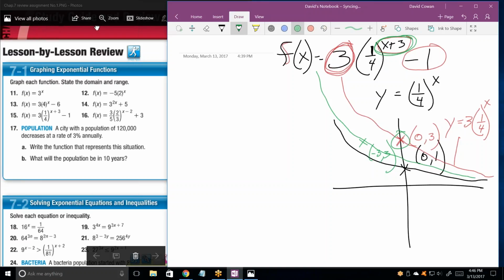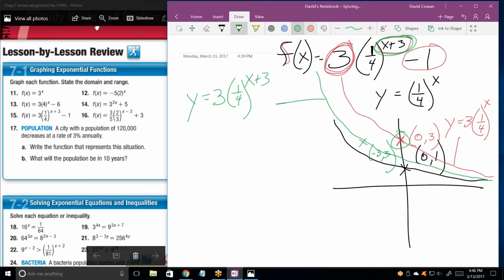Still going to be asymptotic with the x-axis. In other words, horizontal shifts do not affect horizontal asymptotes. They would affect vertical asymptotes, just like vertical shifts will affect horizontal asymptotes. But the green function is now y equals 3 times the parent function to the x plus 3.